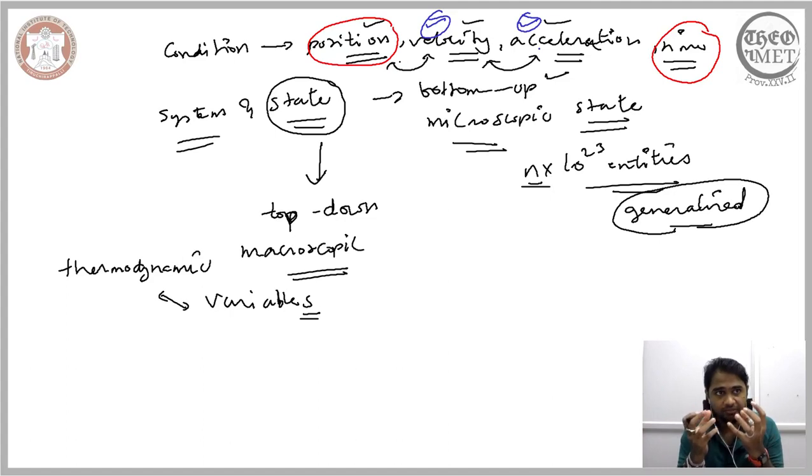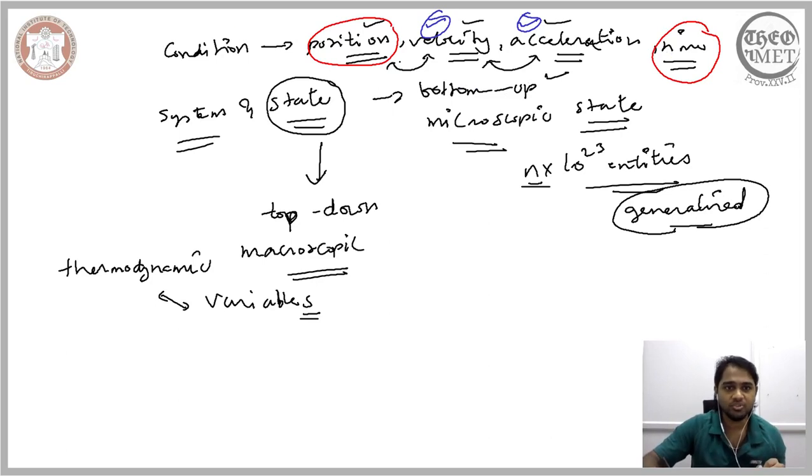The variables that we use to define a given condition of an object in the framework of Newton's law can be distinguished into independent and dependent variables, and the dependent variables can be calculated from the independent variables. So this helps us ascertain position and time, and then we will be able to estimate all the other dependent variables.